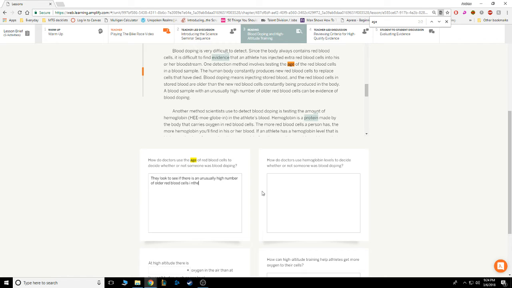Older red blood cells in the bloodstream. Normally, the bloodstream doesn't have cells that are very old, but doped blood does. Because remember, doped blood has it from days, weeks, or even a few weeks back.